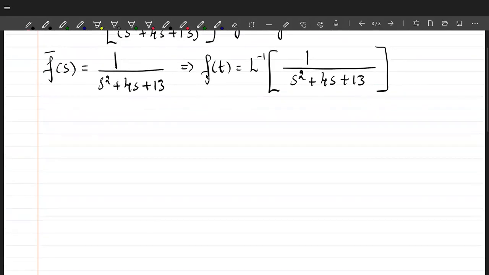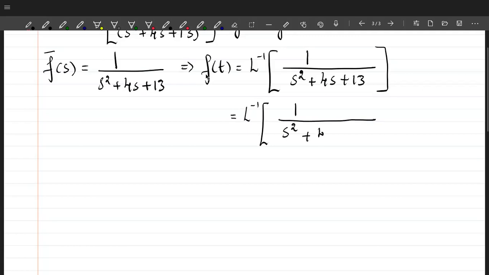and that's equal to, now in order to find the inverse Laplace transform of the term given here, we can use the method of completion of square, or completing the square method. So using that method I get L inverse of 1 by s square plus 4s plus, this number 13 can also be written as 4 plus 9.